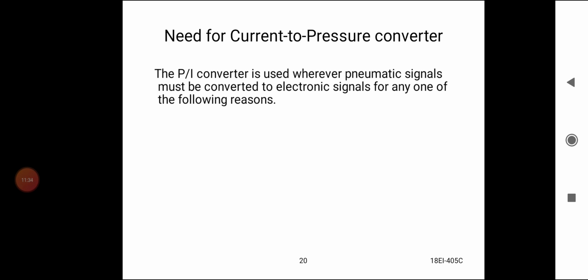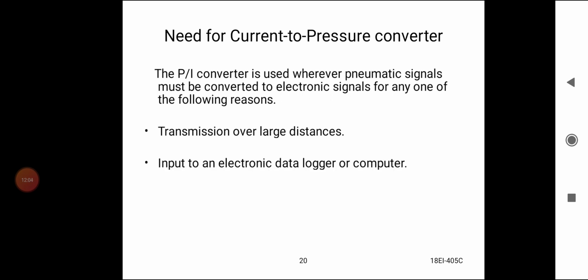The P2I converter is used where pneumatic signals must be converted to electronic signals for any one of the following reasons: transmission over large distances, input to electronic data loggers or computers, and input to telemeter equipment.